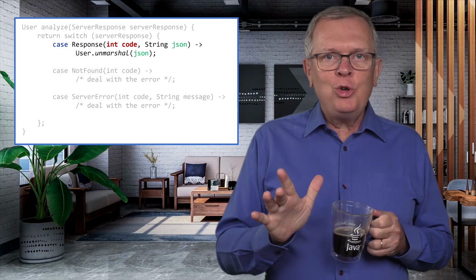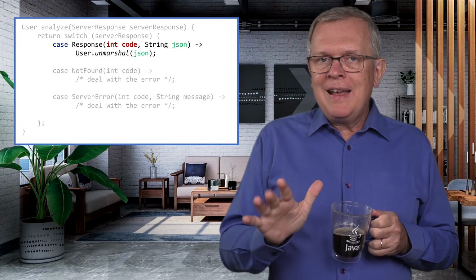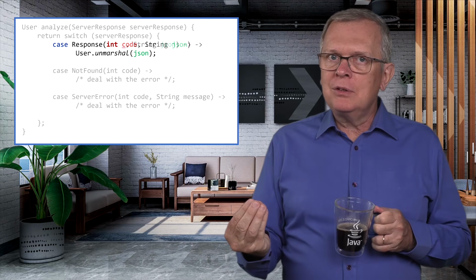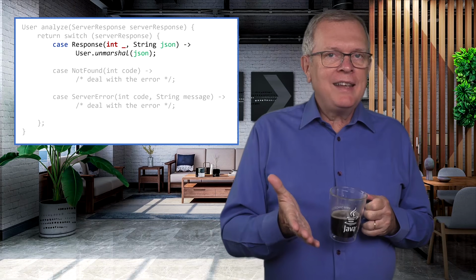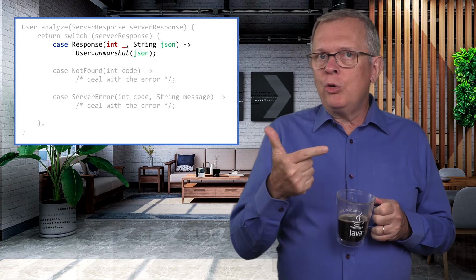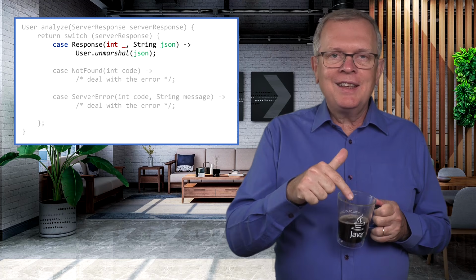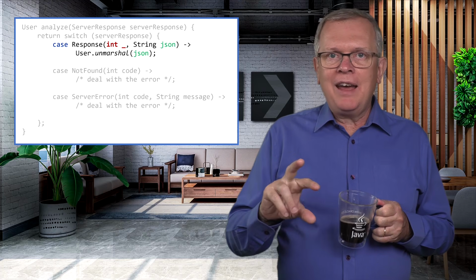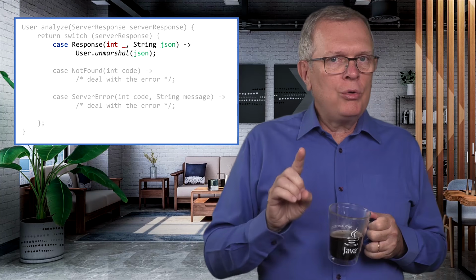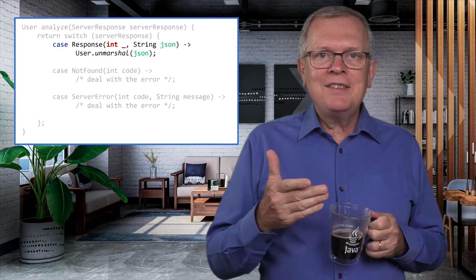That being said, you can also tell the compiler that you do not need this variable by using the unnamed pattern variable. And in that case, what you're saying is, this response record is built on two components, an int and a string, and I don't need to know what this int is. It makes your code more readable and safer.